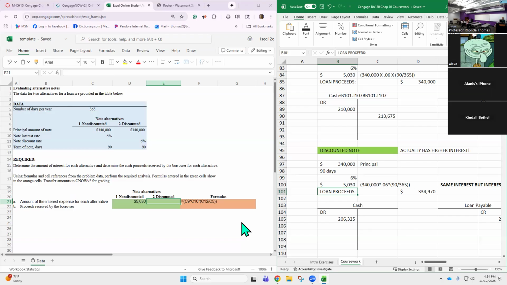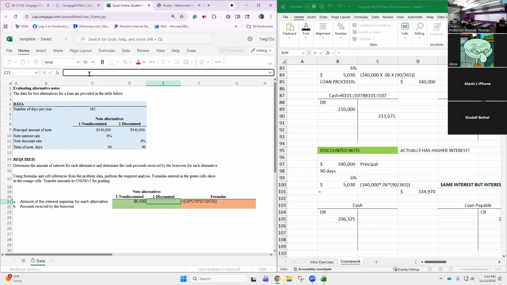So let's put it in this spreadsheet over here. Equals, open parentheses. Go get your principal amount times your interest rate times, open parentheses again, go get your 90 days divided by 365.